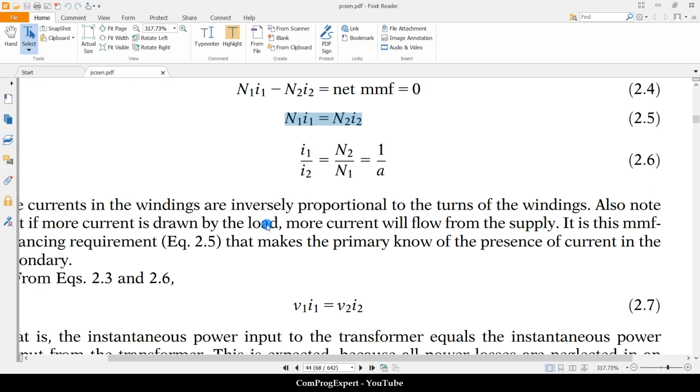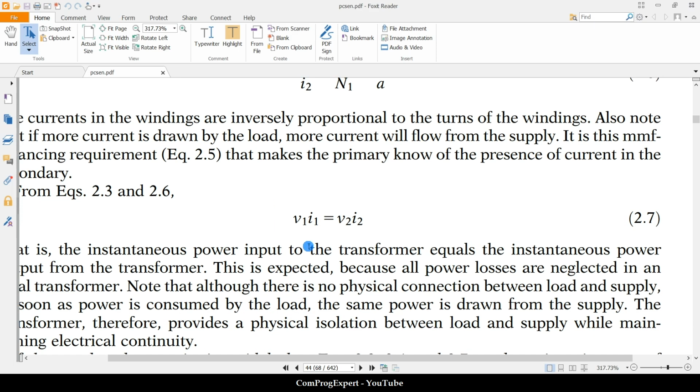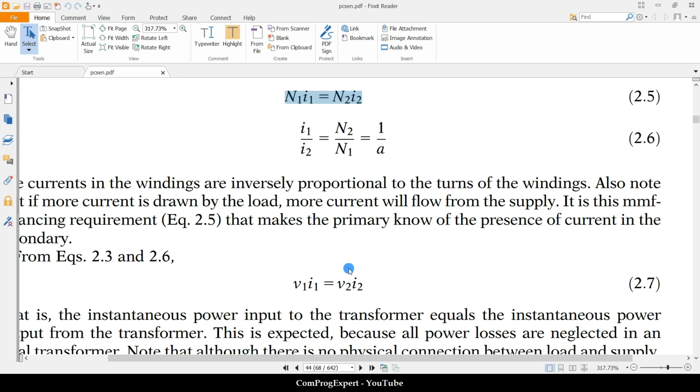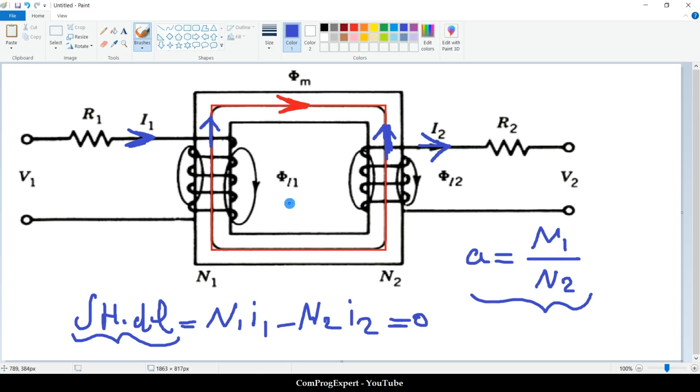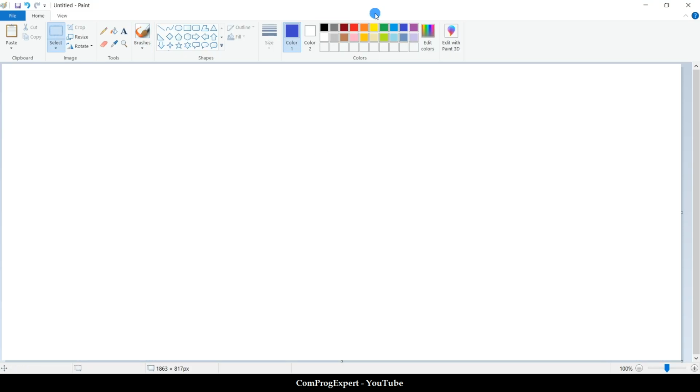And we have finally this equation. If we multiply these two sides, we have these two equations. V1 divided by V2 is equal to N1 divided by N2.